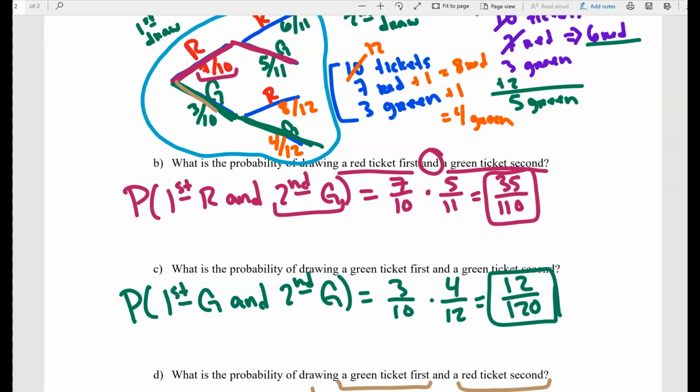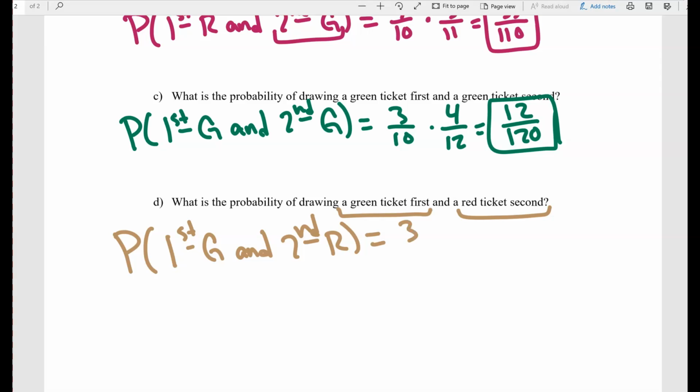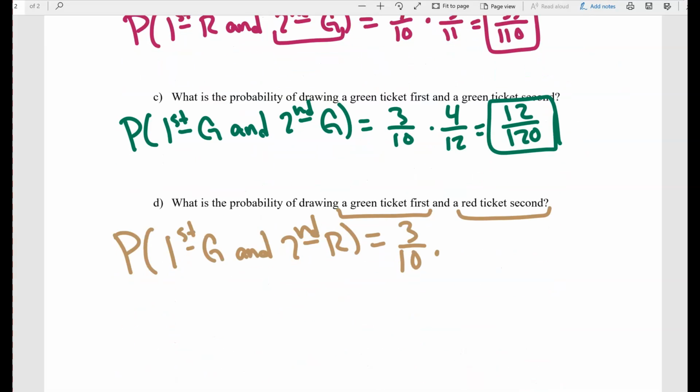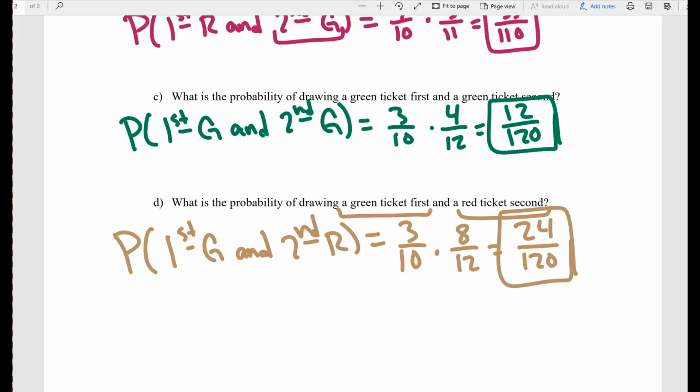First being green is this guy, which is going to be 3 out of 10, times a red ticket second, which is this guy. That's going to be 8 out of 12. So we're going to multiply this out. It's going to give us 24 over 120. And that is my final answer.